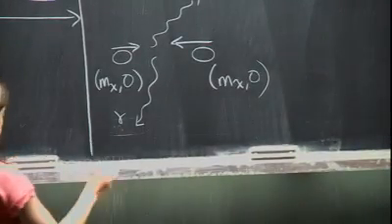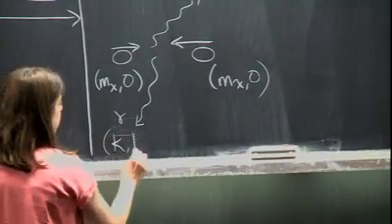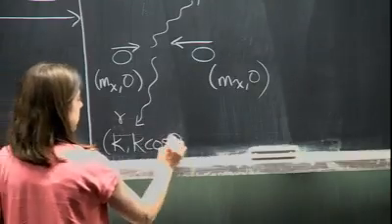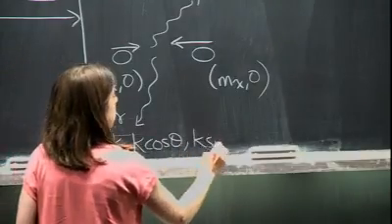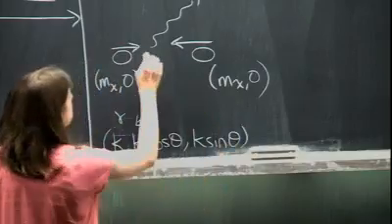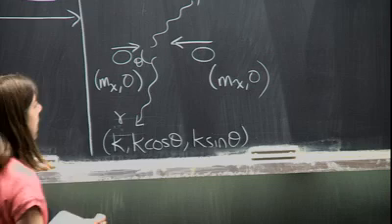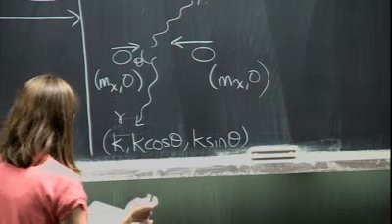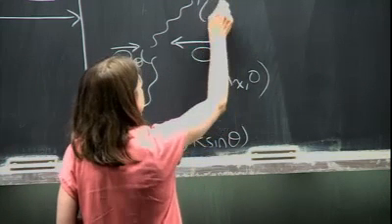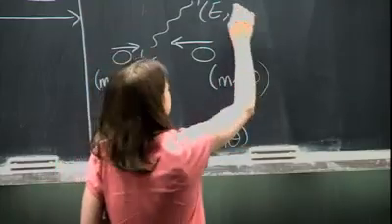So in this case, the 4-vector for the photon I can just write as k, k cosine theta, k sine theta, where theta is just that angle. And the 4-vector for this guy is just going to be similar. It's just going to be the energy, and then minus k.